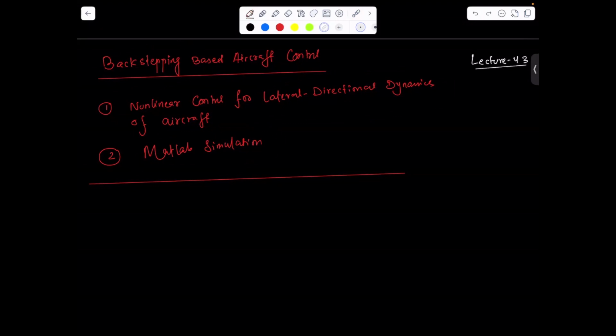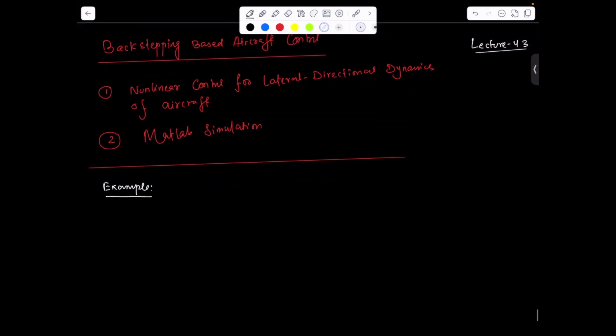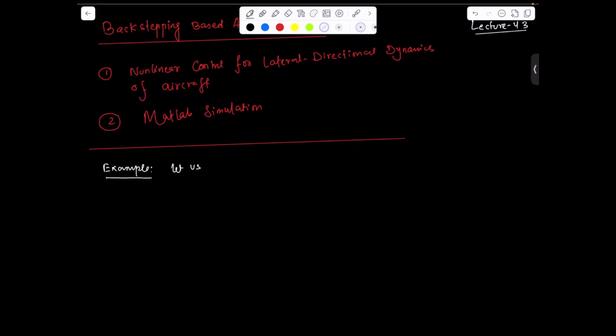First, let me write down the equation of motion of the lateral directional motion dynamics. Example, let us consider the simplified lateral directional motion dynamics of an aircraft.